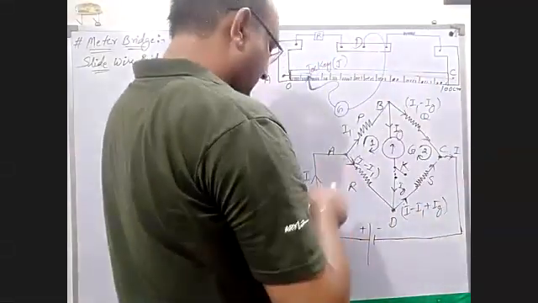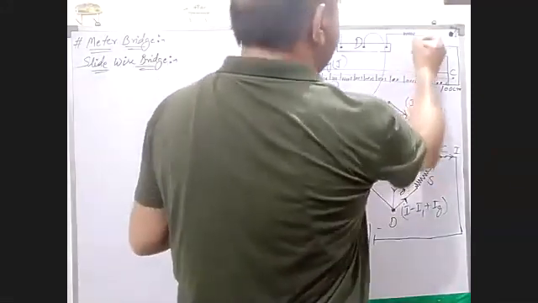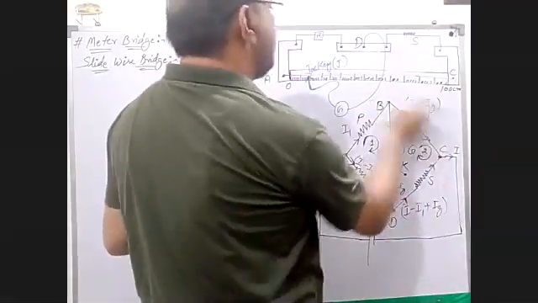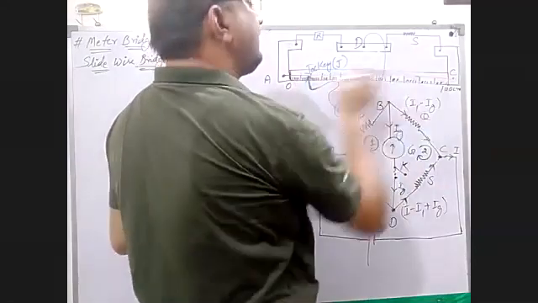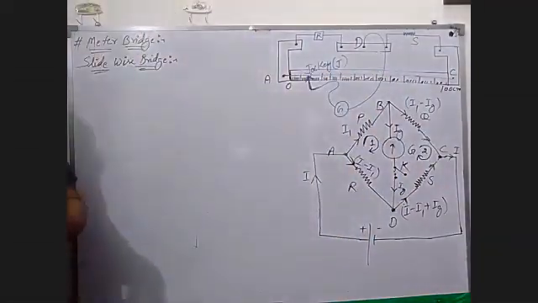You have to take unknown resistance R, S. PQ you can take from this length AC.